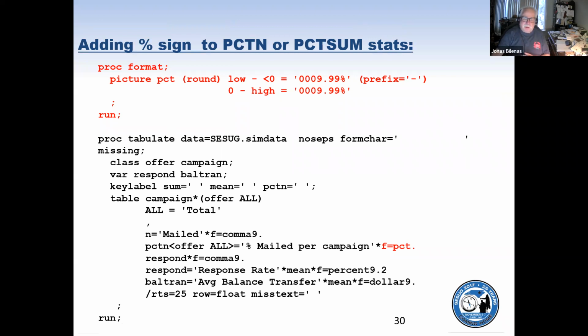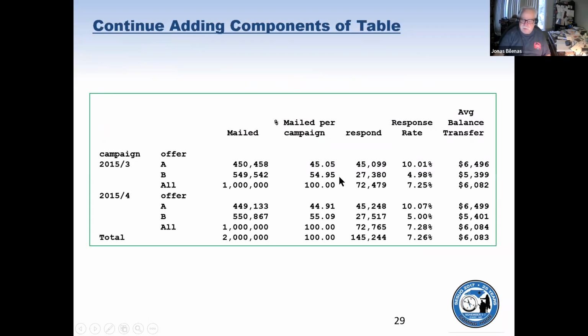I'm going to create a picture format, which I'm going to call PCT, and I'm going to round the result. Typically, we don't have negative percentages, but I'll include it so it'll work each time I need this percent. And I applied it right here. So I'm going to put in the actual percent mailed, which here didn't have a percent.